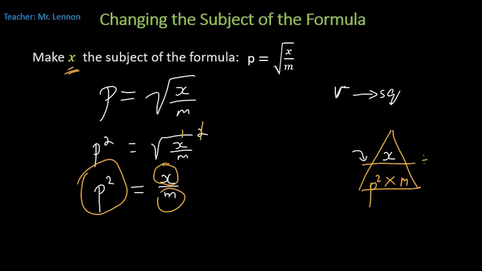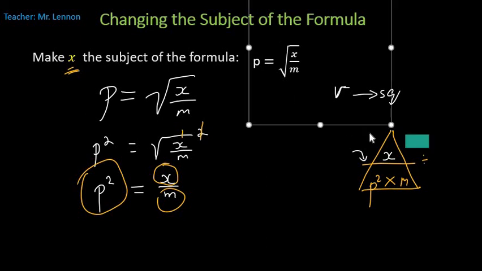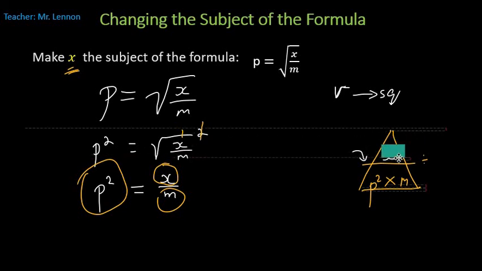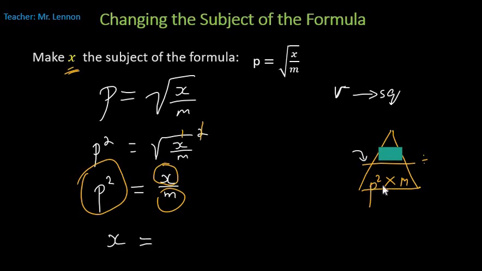So what we do, we cover over the term that we're looking for. So we're going to cover over, if you said the x, then you're correct. That's what we're looking for. And so we're going to write x is equal to, and if you notice between p squared and m, we have the operation of multiplication. And so we will multiply p squared by m to find x.